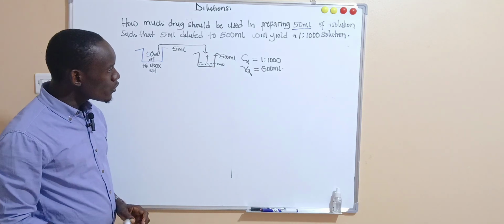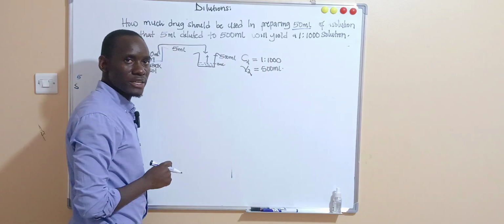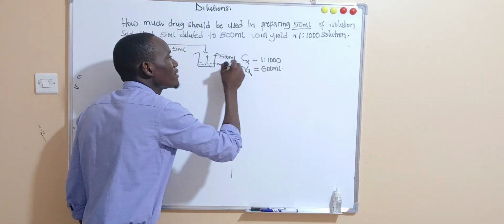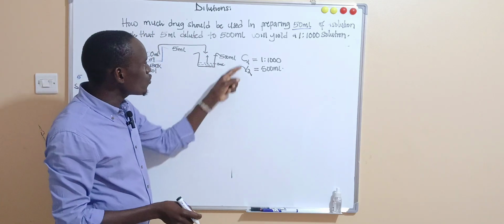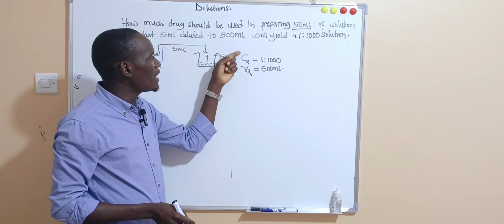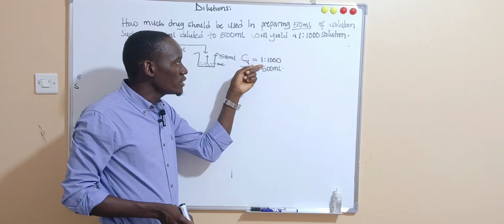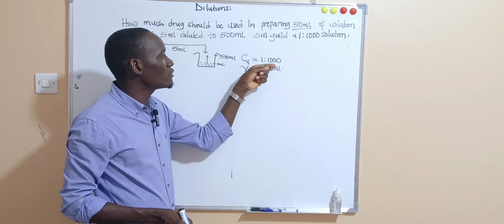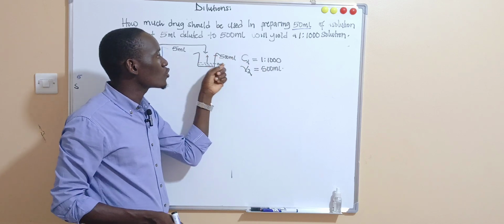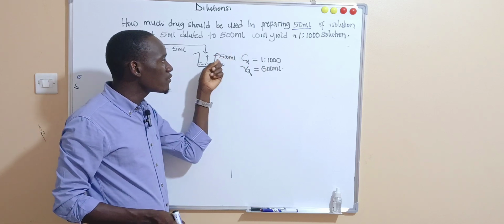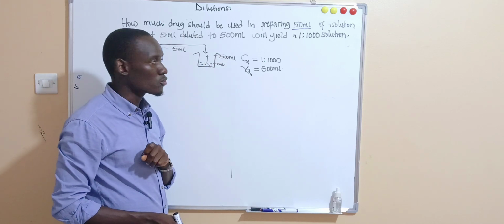So what do we know? We know the concentration of the diluted solution and its volume. Since we know the volume of the diluted solution and its concentration, we can use that relationship in order to obtain how much of the drug is in 500 ml of the diluted solution.